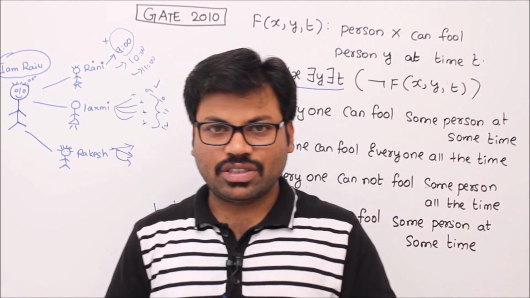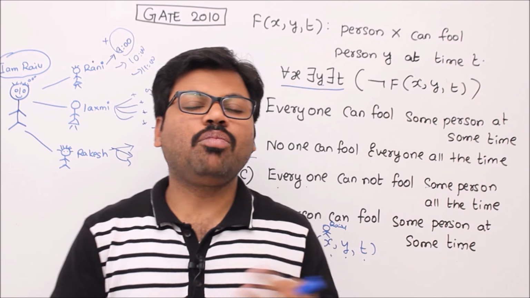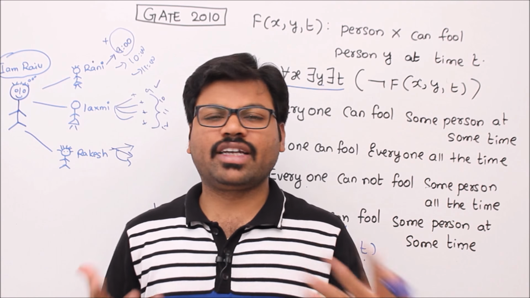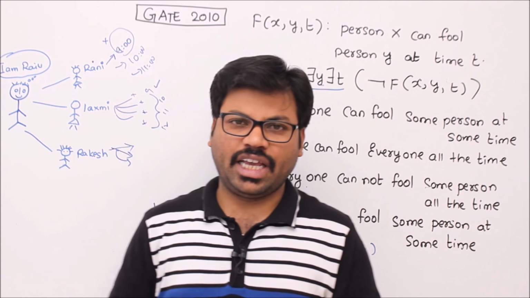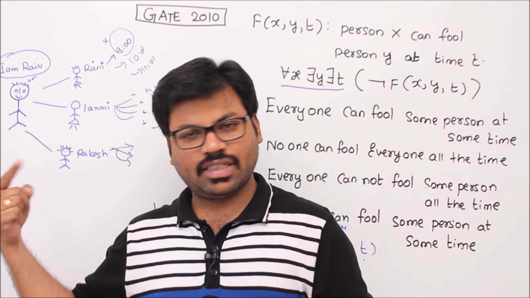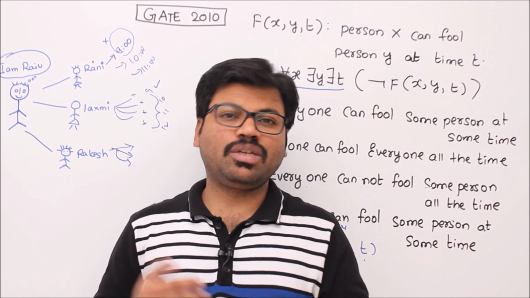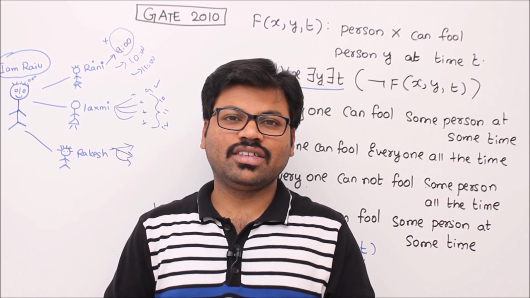What was the problem with Raju? Raju cannot fool some person at some point of time. Who is opposite to Raju? Let's say if some person exists who is opposite to Raju, how does he look, what is his behavior? Raju's behavior is that Raju cannot fool some person at some point of time. Then the opposite behavior is a person who can fool everyone at every time, isn't it?